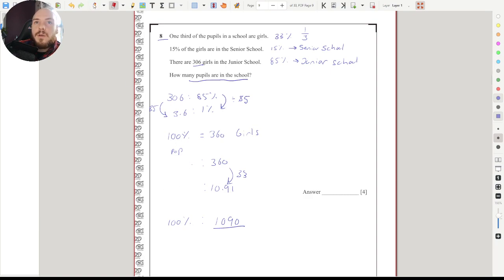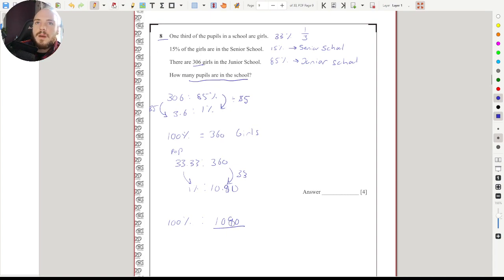Just go 33.33 because that's what a third is, and that actually gives us 180 for 1%. So then it will be 180 here.